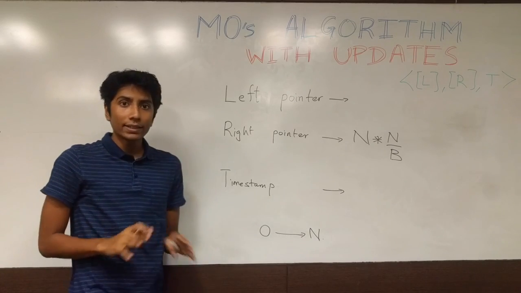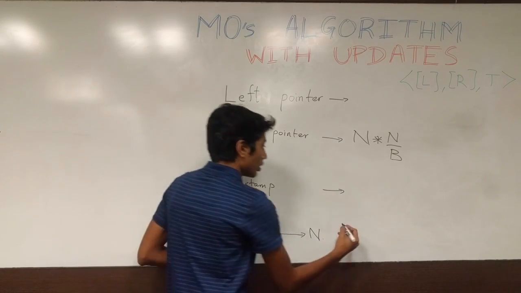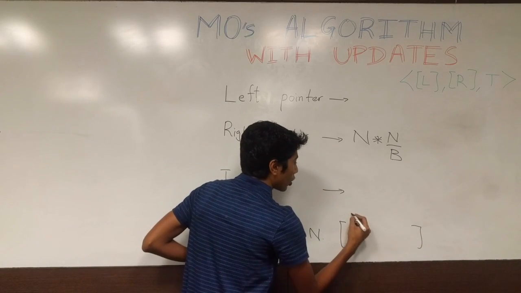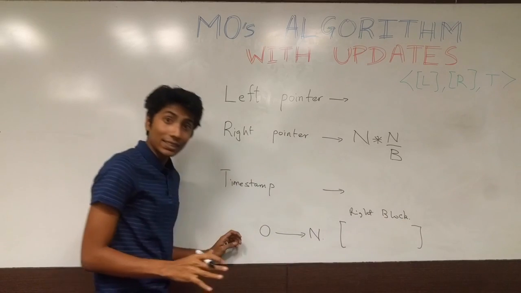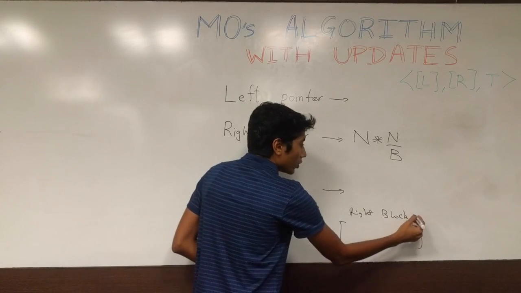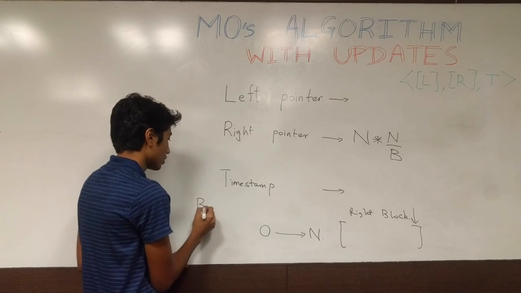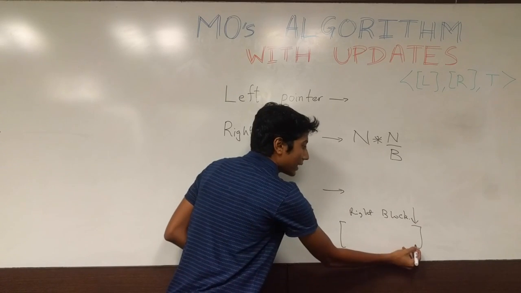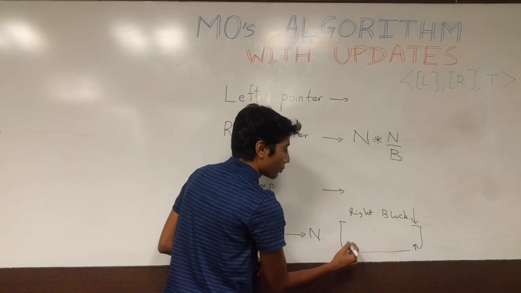Okay, but that's not the only thing. The right pointer for a given left block. So now let's say you have a fixed right block also. In this, your right pointer might be starting over here. So you went all the way here. That is b computations. Plus, in the next query, your right pointer has to go over here and point here.